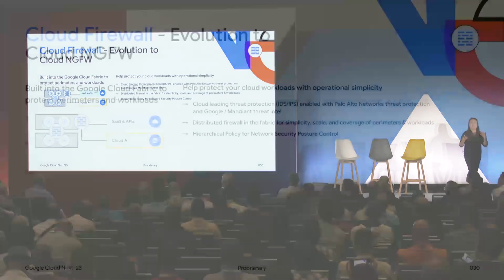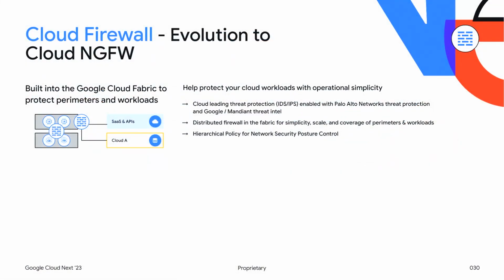So let me spend a little bit of time to talk about that first layer of protection, which is the Cloud NG Firewall. This layer of protection protects your cloud workloads, and it provides operational simplicity. I mentioned this is built by Google Cloud, and it provides threat protection for both intrusion detection, IDS, and intrusion prevention, IPS.